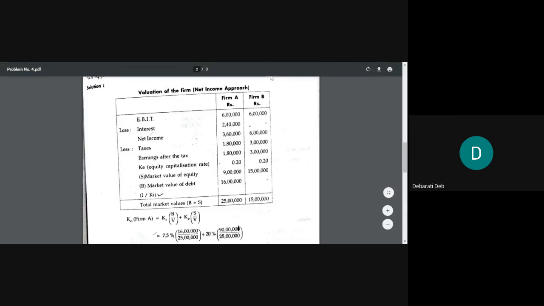Then we find the market value of debt. How will we do this now? We have the interest amount. We will divide the interest amount by the rate of interest, that is 2,40,000 divided by 15%. Then we will get the market value of debt. Please do it. Find out the value of the firm.